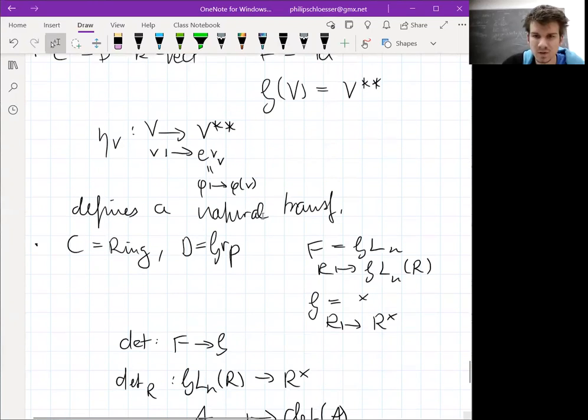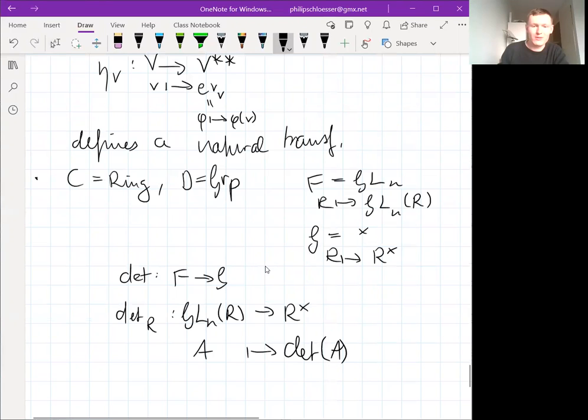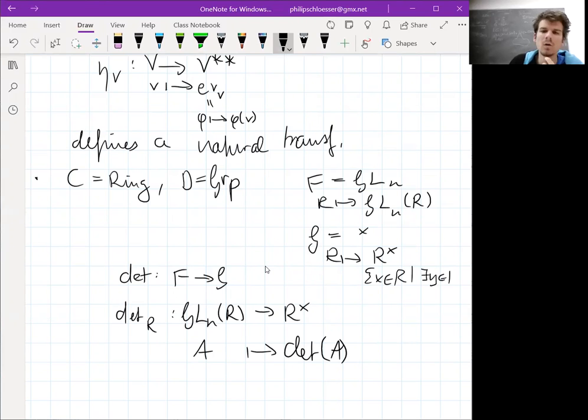Okay, I'm sorry, question. What is this R to the X that you wrote? The group of units of R, so it is the elements that are invertible, that have a multiplicative inverse. Okay. Oh, right, yeah, that's like the cross.